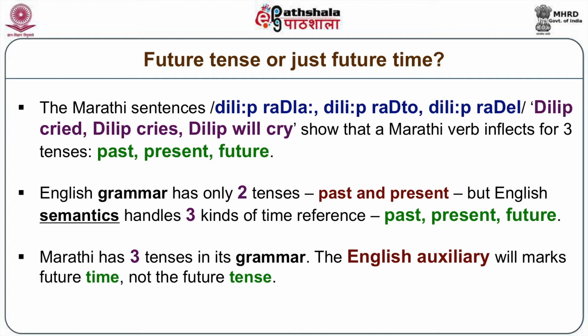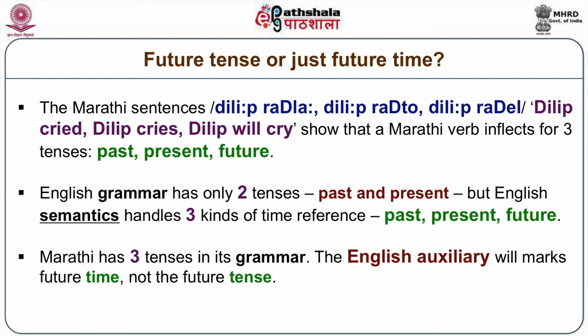In English, if you compare the past Dilip cried and the present Dilip cries with what we call the future Dilip will cry, you find that Dilip will cry uses an auxiliary will, which is not at all an inflection on the verb like the ed of cried or the es of cries.